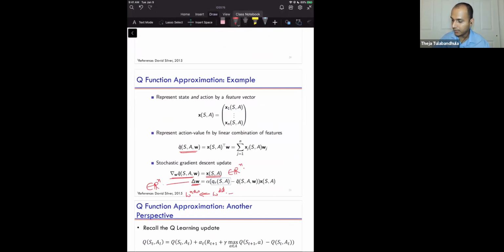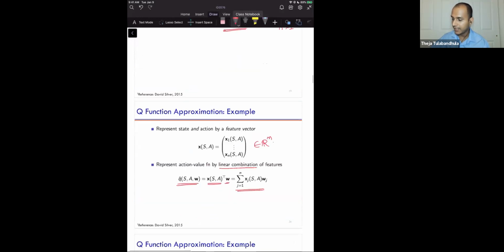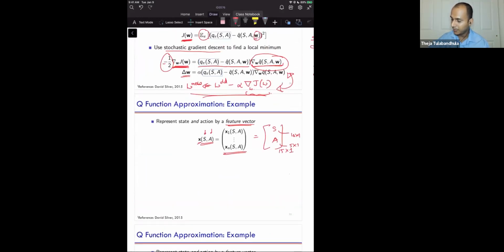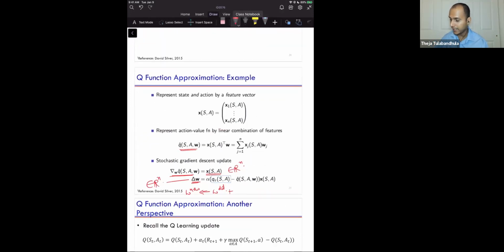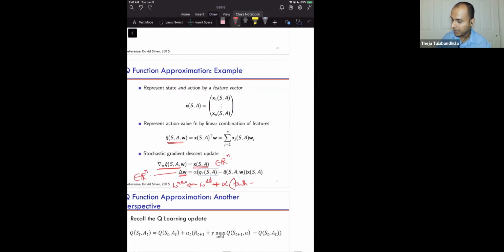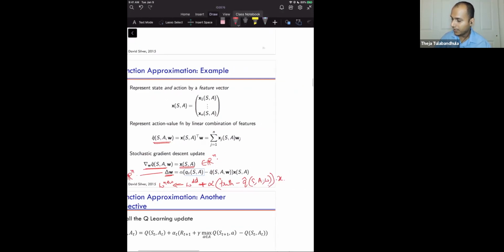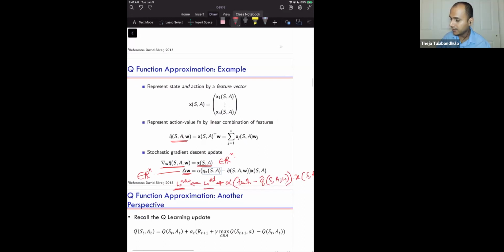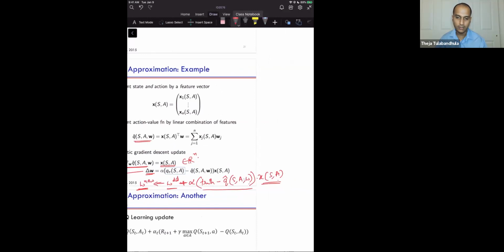But we just saw that for the squared loss function, when the second argument is the one which depends on W, the minus is basically cancelled out, although you're doing gradient descent. So you have plus alpha times the truth, or the value that you want to approximate, minus q hat at this given s comma a at the given parameter W old, times the x of s comma a. Recall, this is n-dimensional, this is a scalar, and this is n-dimensional. So that's the gradient update.